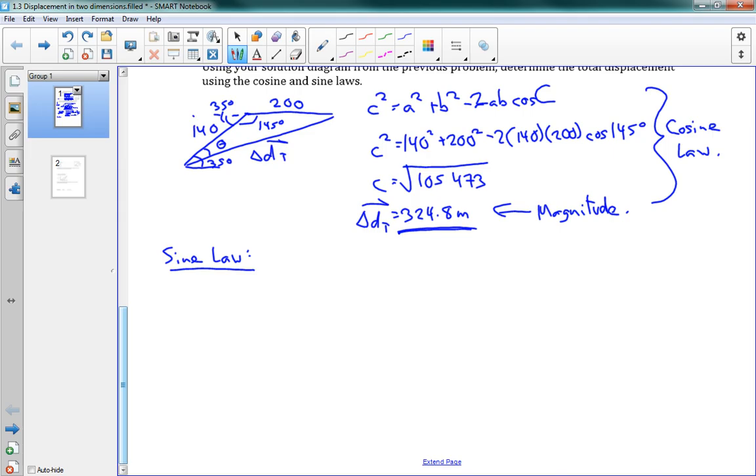And we can say that sine theta over its opposite side, so 200, is equal to sine 145 over its opposite side, which is the value we just calculated, 324.8, which tells us then that theta is equal to the sine inverse of 200 sine 145 over this guy.